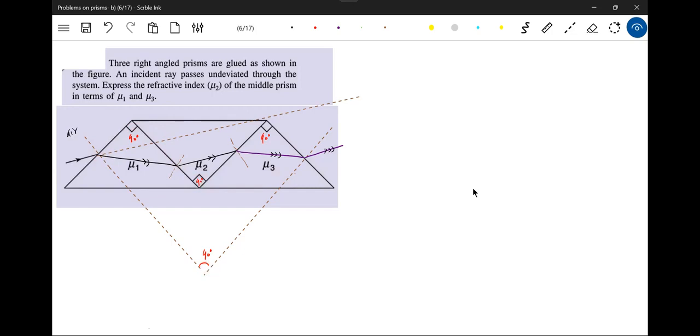Okay, let's go for it. So this angle is I, R1, this R2, this R3. This should be R4, R5, R6, R7.